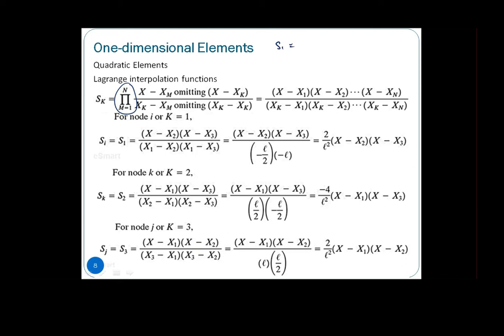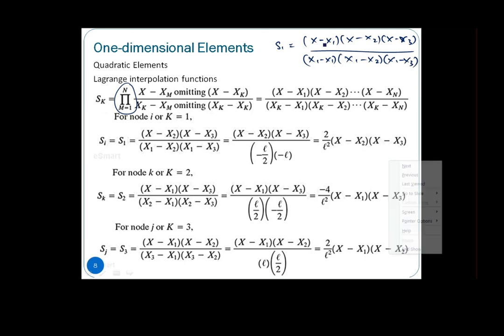The numerators are x minus x1, x minus x2, x minus x3, and the denominators are x1 minus x1, x1 minus x2, x1 minus x3.